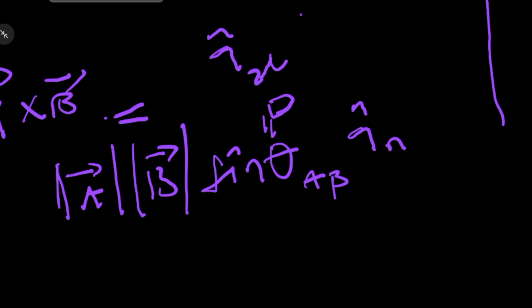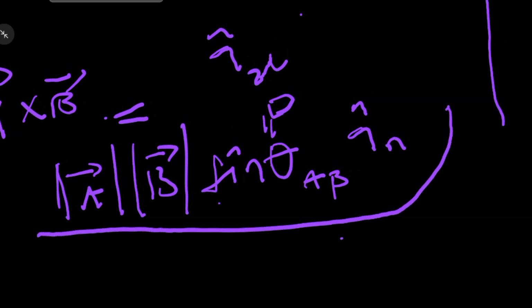So if theta here is 0, that is sine 0, we can see that sine 0 is 0, and 0 multiplied by the whole of this is equal to 0. So the vector product of two parallel vectors is 0.